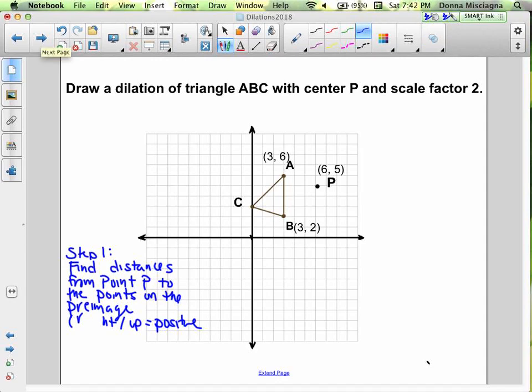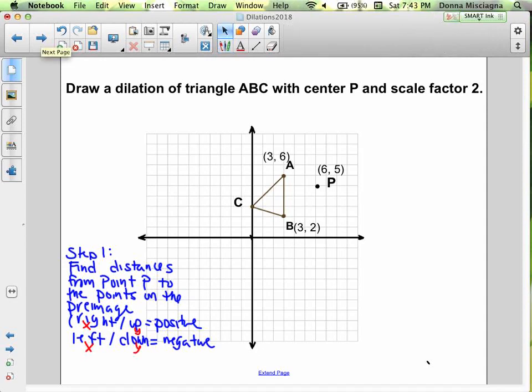So right and up are positive, left and down are negative. Right and left, that's X, up and down, that's Y. Right? And we'll put the matrix up here, I guess.